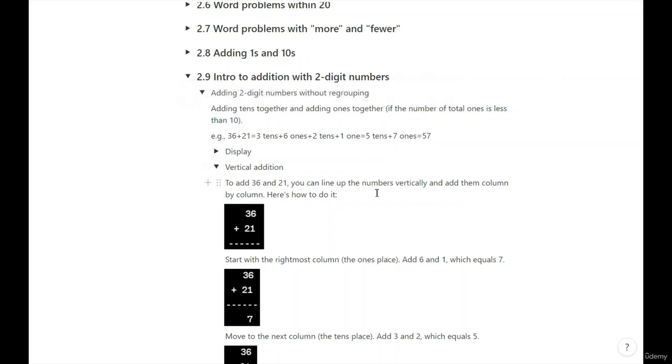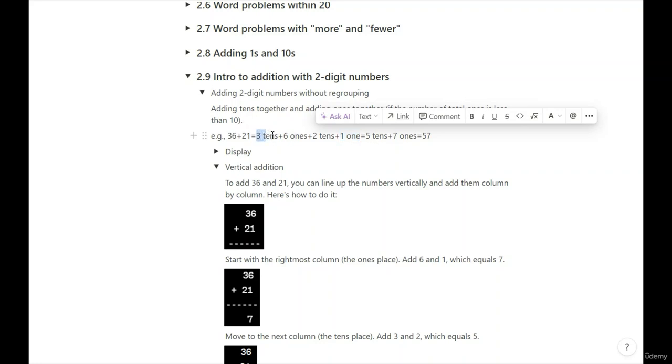For example, 36 plus 21 is 3 tens plus 6 ones plus 2 tens plus 1 one equals 5 tens and 7 ones.